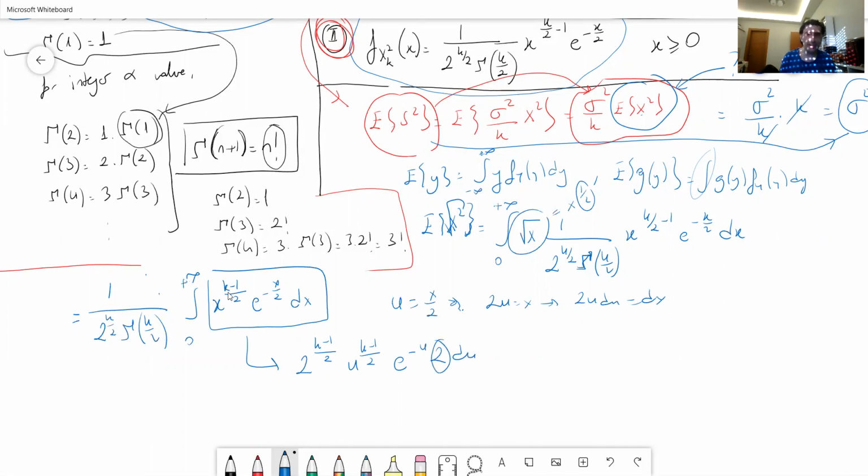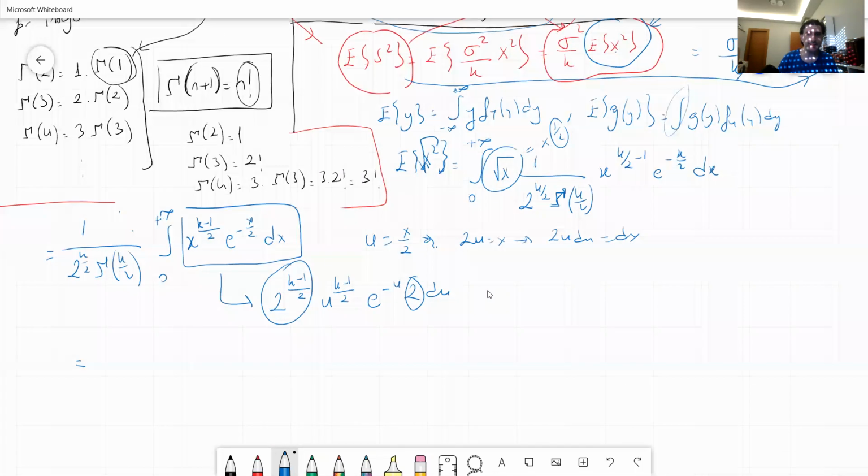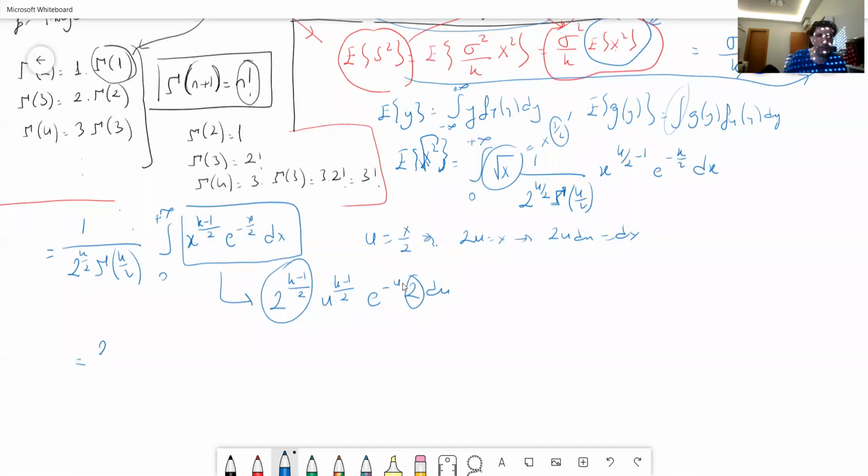And this 2 and this coefficient will be outside of the integral. So if I put all the terms outside the integral in a nicer form, it's going to be 2 to the power k over 2 times 2 to the minus 1 over 2.